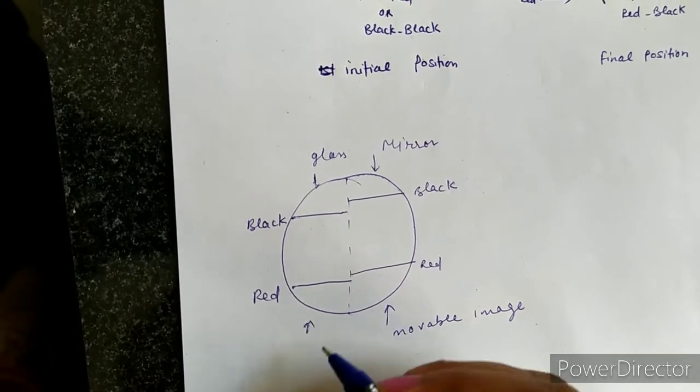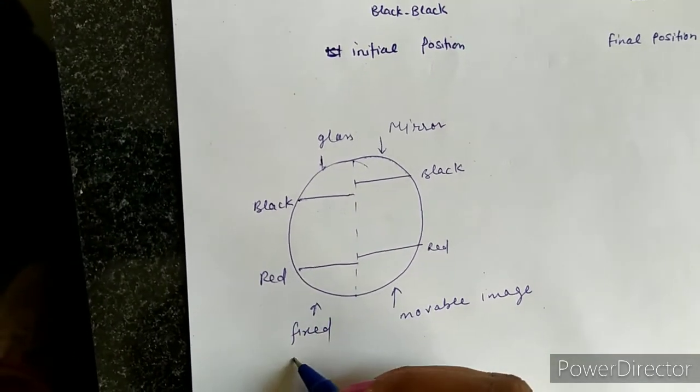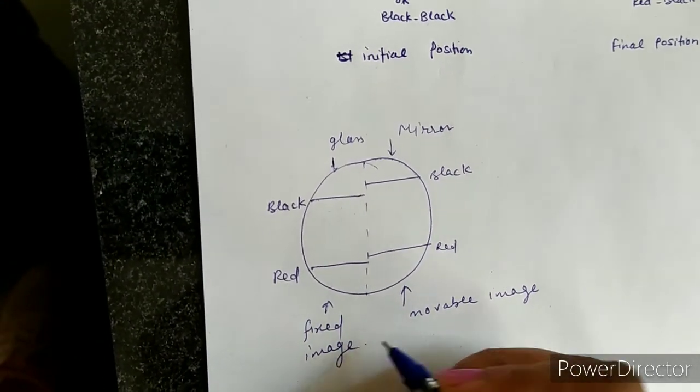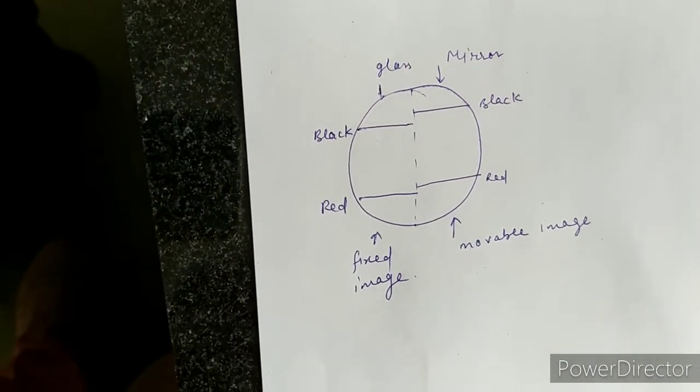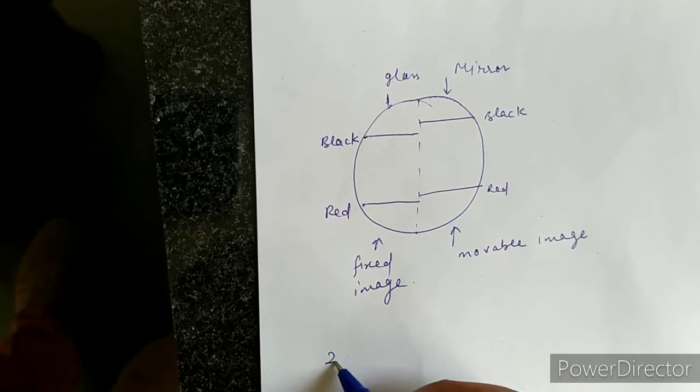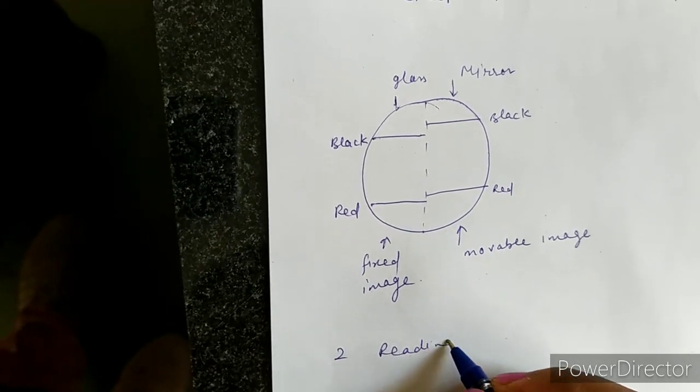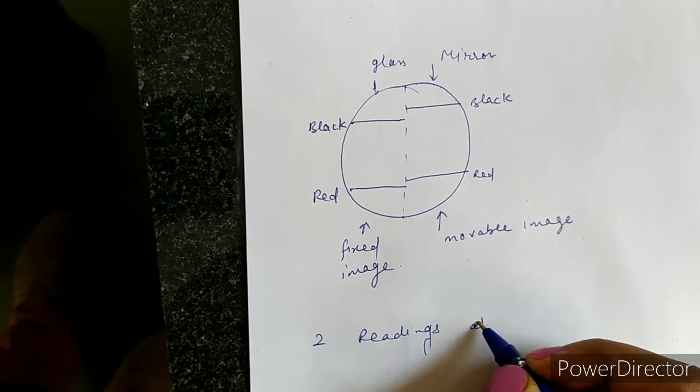On the left side it is the fixed image. This is what we see through the telescope.